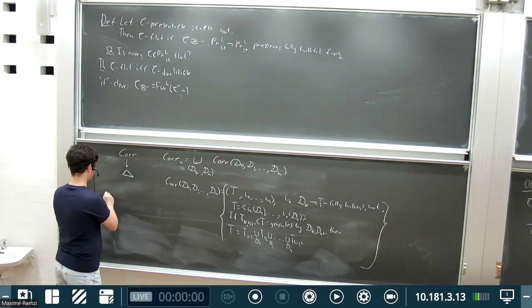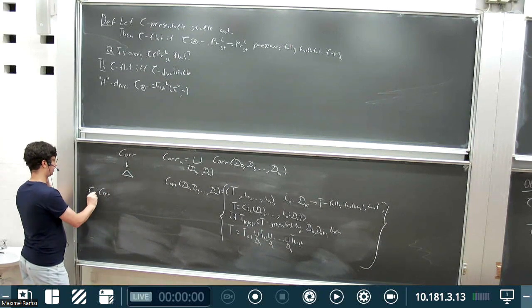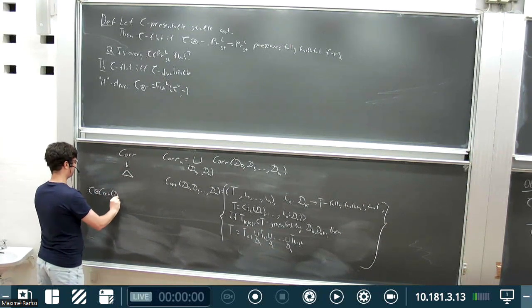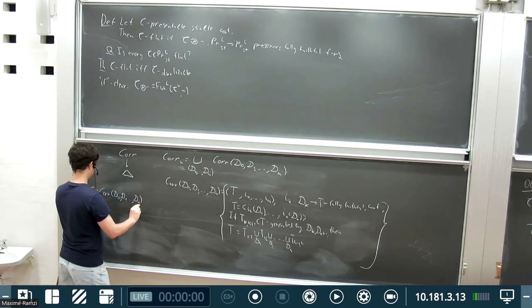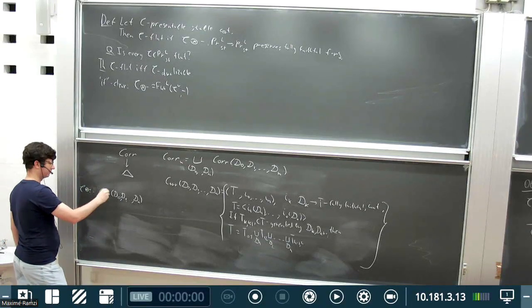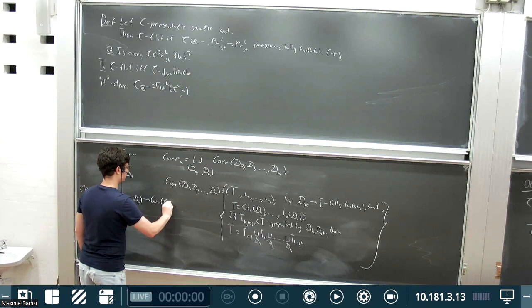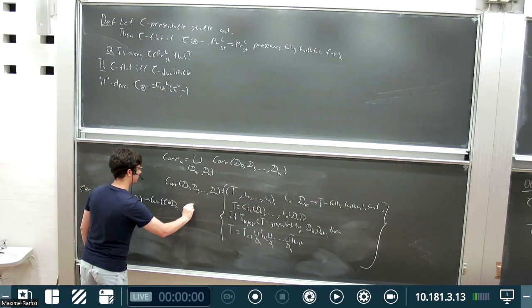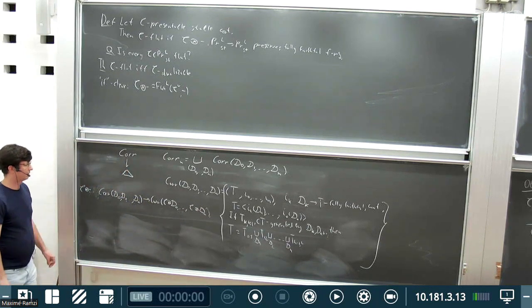And then basically you get honest functors from correspondences for D0, D1, Dn, sorry, C tensor something, from this category to correspondences for C tensor D0, etc., C tensor Dn.